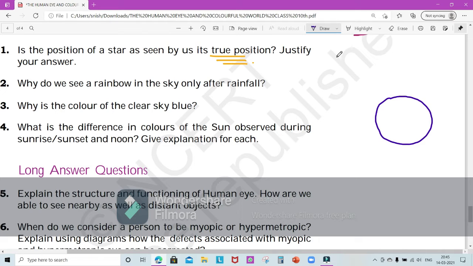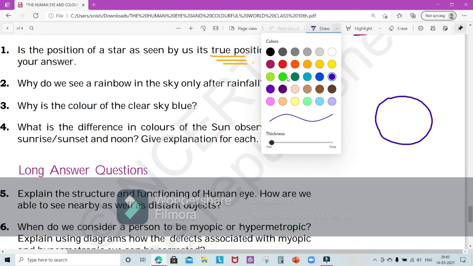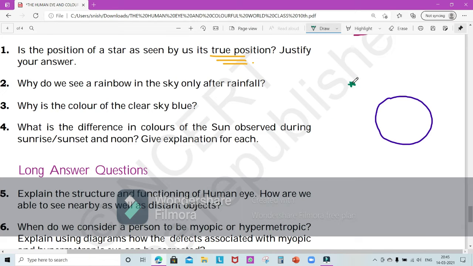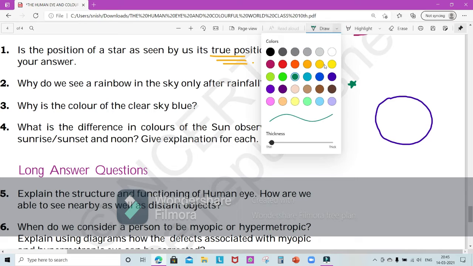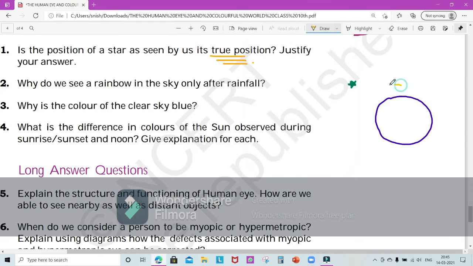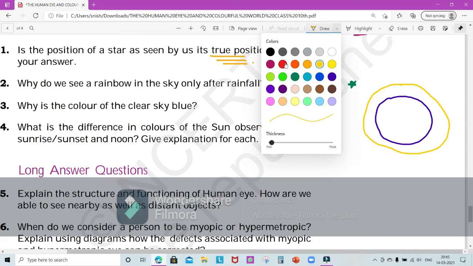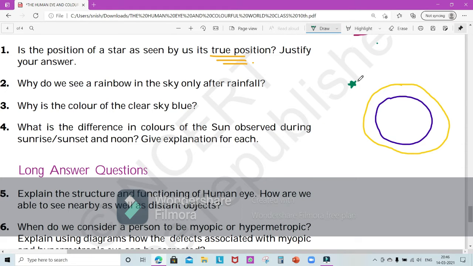Let's draw a star with some green color, and we have our atmosphere here. This is the atmosphere. I know it's not a proper circle, but yes. The ray from this star, now it's in green color, should be appearing green. Now first it will come straight.